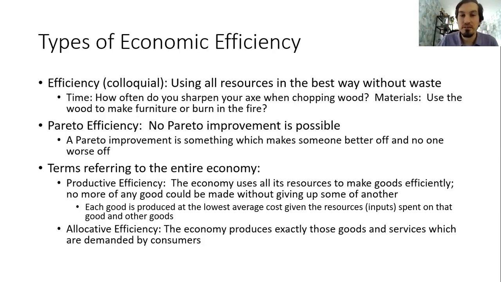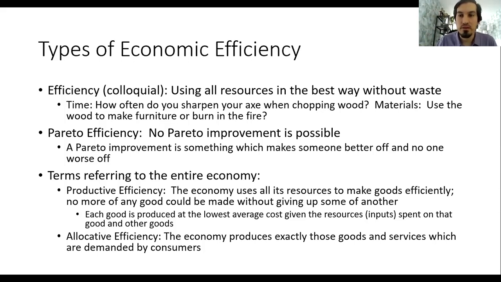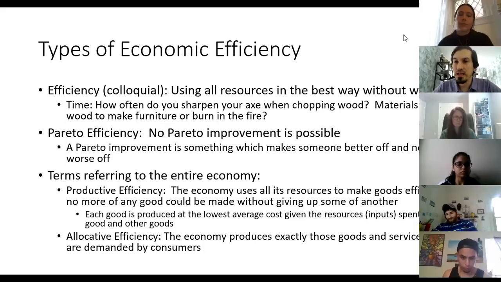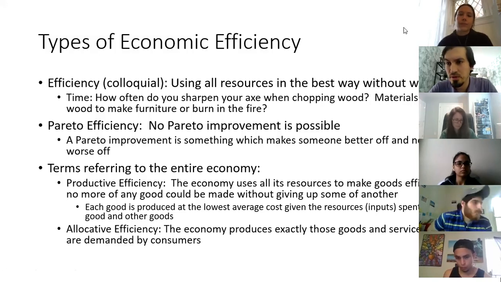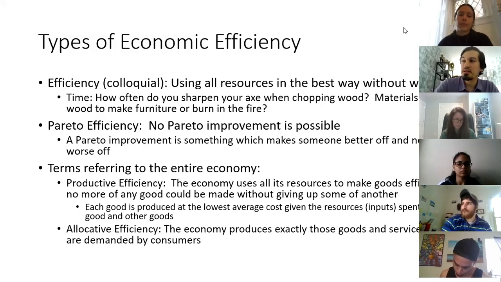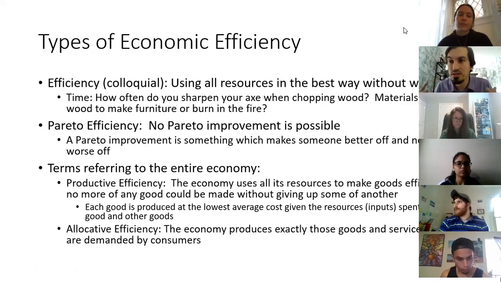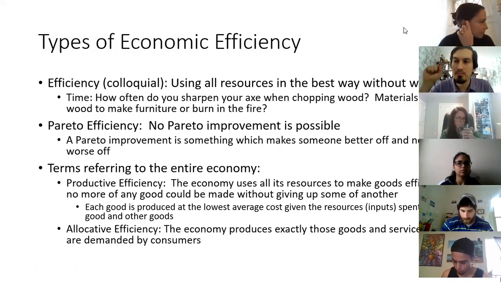Allocative efficiency is more difficult to achieve. It requires not just that the economy is producing things at the lowest cost, but that it's allocating its resources to the production of those goods and services which are the most demanded. When I say the most demanded, I mean on the margin.